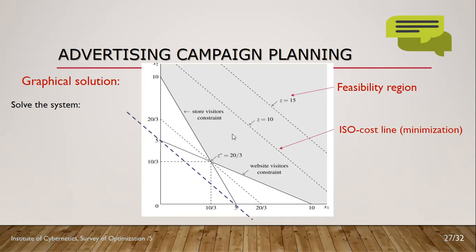So, there is some more space, so we move it down, down, down as much as we stay in the feasible region. And while moving in this direction, we reach the point marked with the asterisk, which is the corner point here, in the intersection of the two constraint lines.